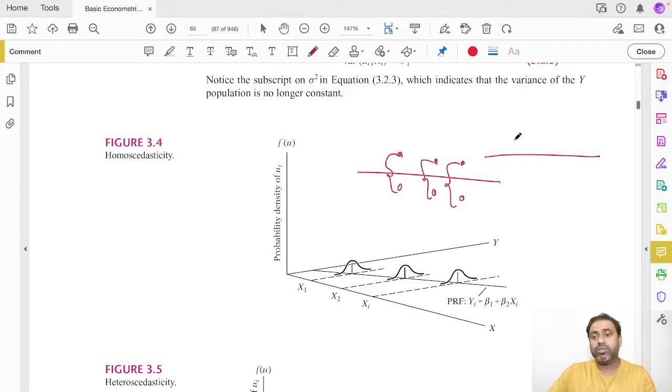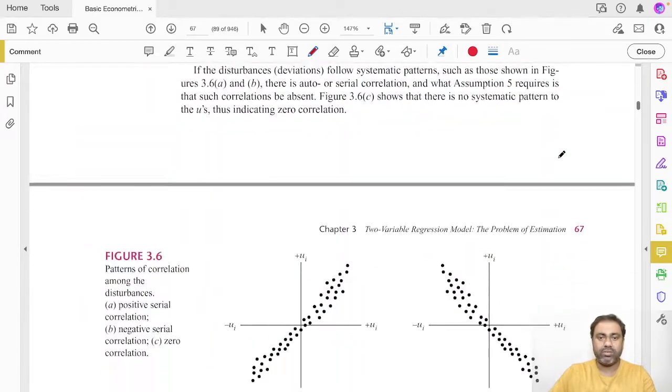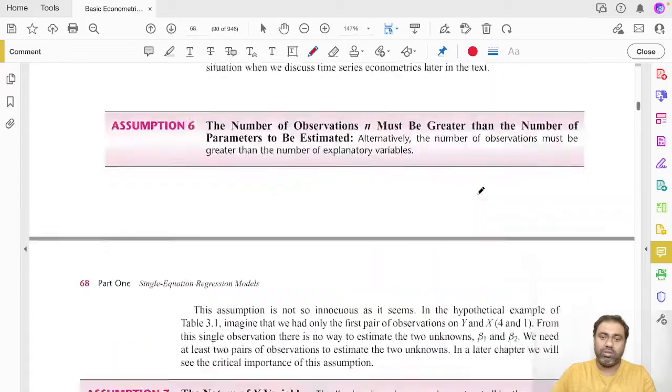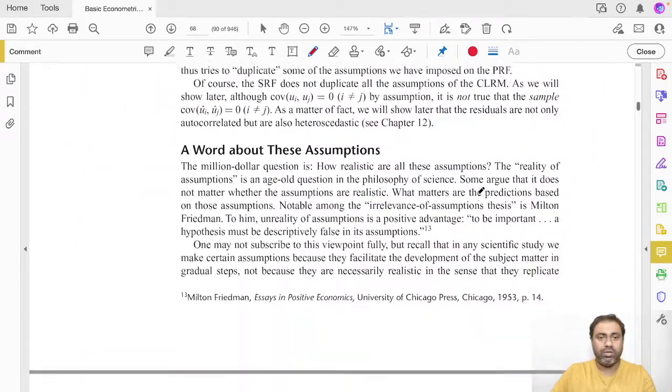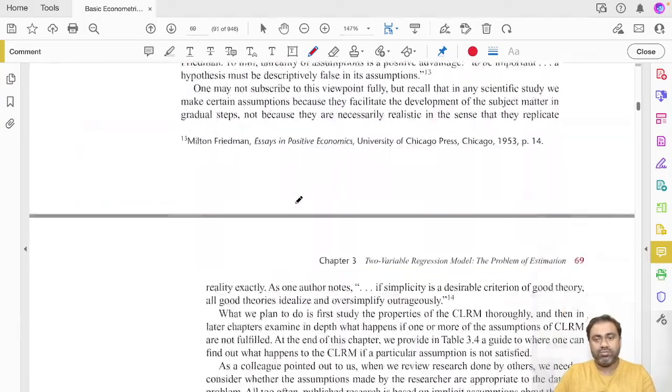But in case of heteroscedasticity, our data might vary like this, so our variance changes. This is again one of the assumptions. No serial correlation, no autocorrelation, negatively correlated. All these things are very important. That's what I told you about the assumptions, nature of variables.